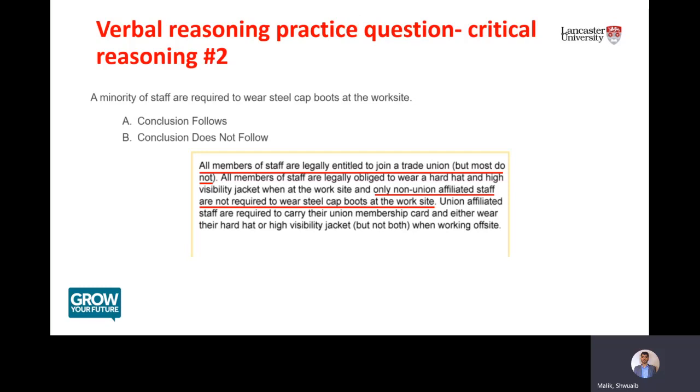However, we know that those who are part of a trade union are the minority because the majority don't join a trade union. Therefore, a minority of staff, which is those who are part of a trade union, are required to wear steel cap boots at the work site. So again, the conclusion follows. But with this particular question, you have to put two different sentences together and view them as one in order to get to the correct answer.